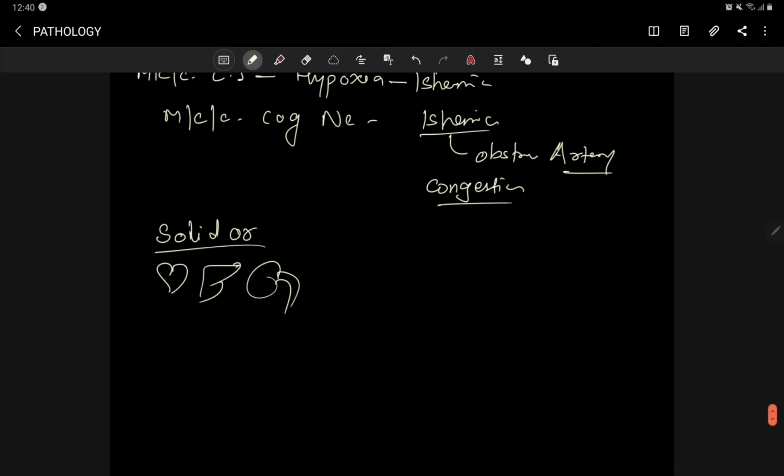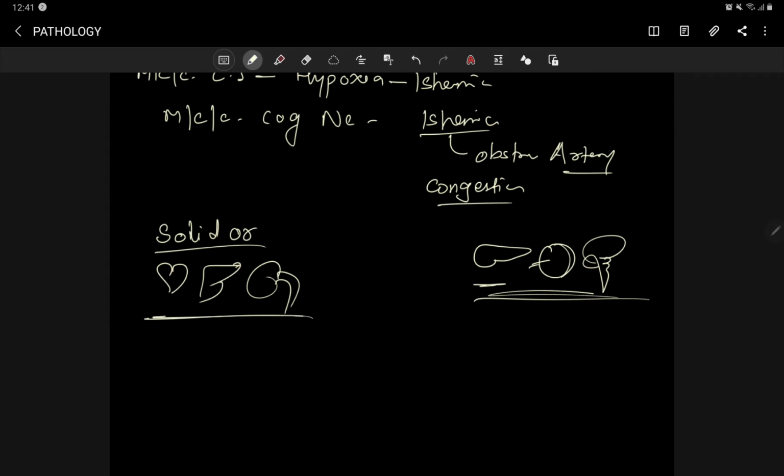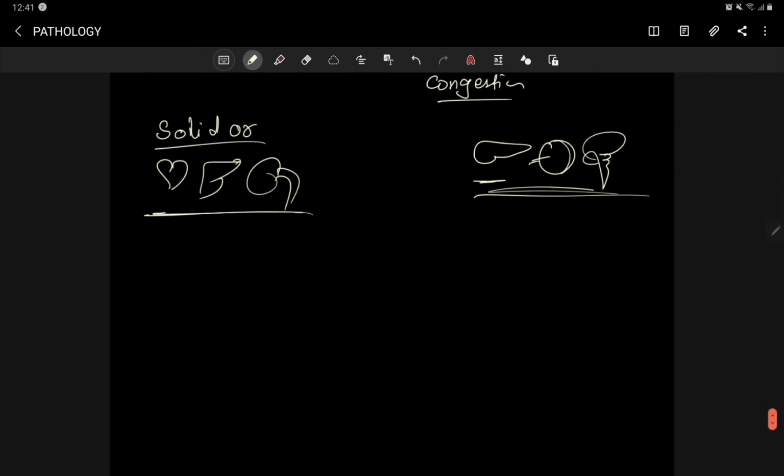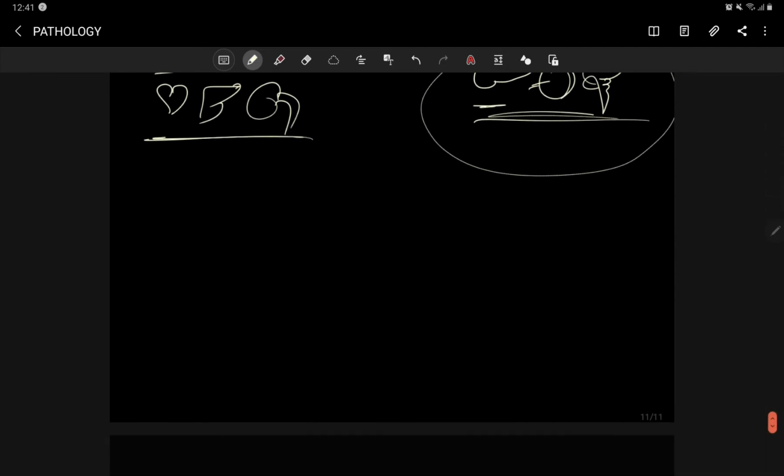But what about the other organs, like the pancreas, spleen, CNS? They have different characteristics; these are mostly loose connective tissue. So coagulative necrosis occurs in solid organs like heart, kidney and liver. About the others we will talk later.